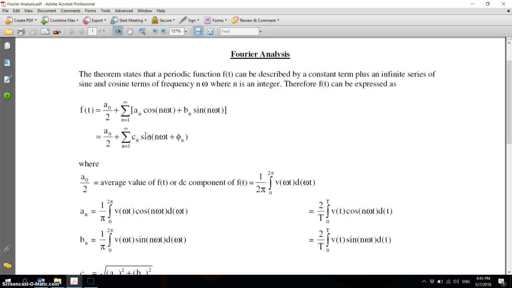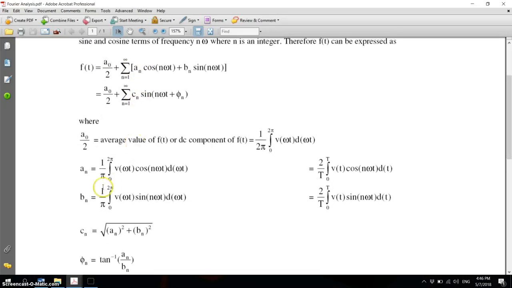Before we proceed, let's look at the definition of Fourier analysis, where we know that any waveform can be represented by an equation of A0 over 2, which is the average term of the waveform, plus the sum of Cn sine of n omega t plus phi n, whereby phi n is the inverse tangent of an over bn, and Cn is the square root of an squared plus bn squared.